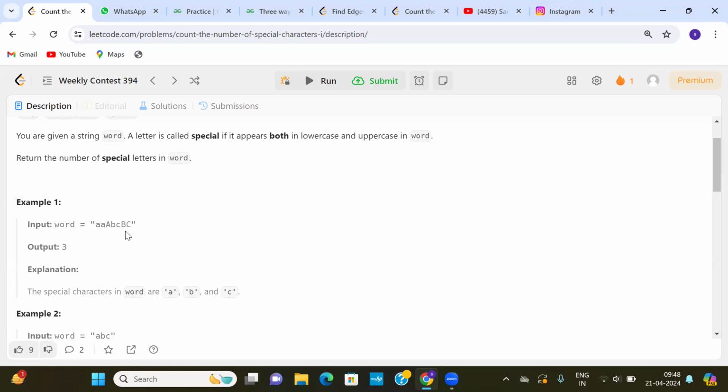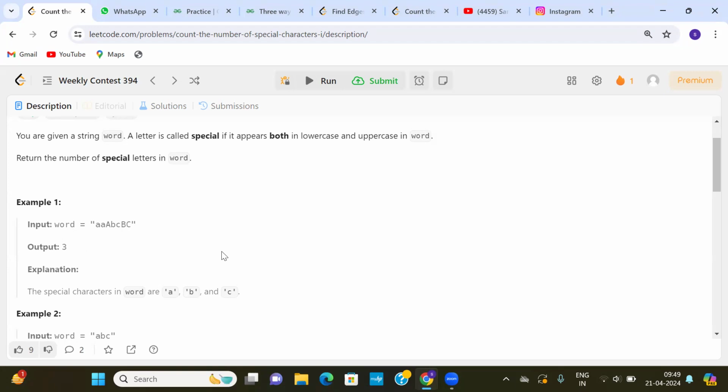At index 5, it occurs in uppercase. And C, at index 4, it occurs in lowercase, and at index 6, it occurs in uppercase. So I can clearly see all the three letters A, B, and C occur both in lowercase as well as in uppercase. So all these letters A, B, and C are special letters.